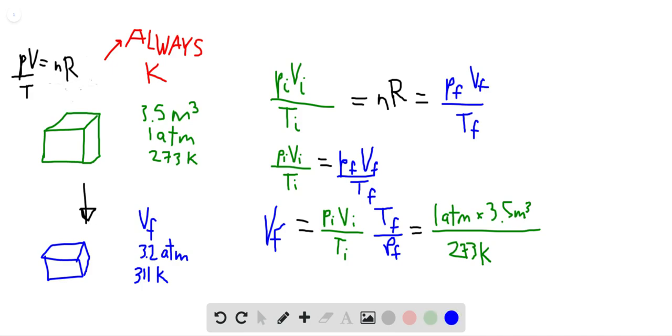And then the final temperature, we have 311 Kelvin, and we have 3.2 atm. Right, and when you calculate for all those numbers, you get a final volume of 1.25 meters cubed. And that matches the answer in the solution book.